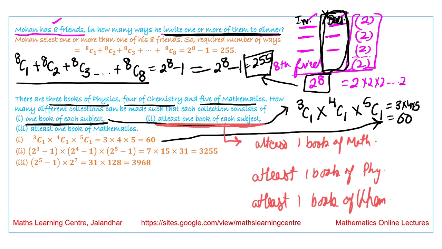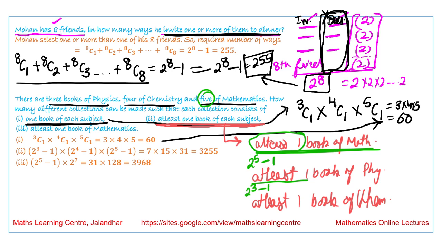When we talk about at least one book of mathematics, the total number of mathematics books we have is 5, so the number of options is 2 raised to the power 5 minus 1. When we say at least one book of physics, the options we have are 2 raised to the power 3 minus 1.